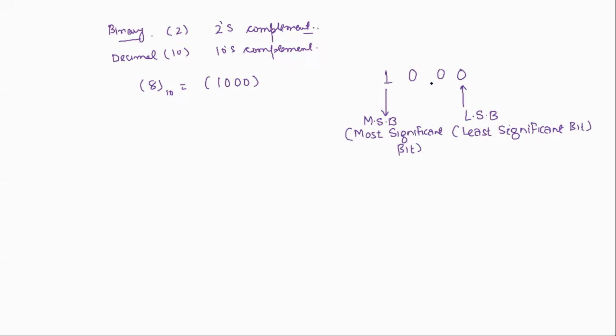Let's discuss the other kind of complement, called r minus 1's complement, where r is any base. Suppose you are talking about binary, then r is 2, so it becomes 1's complement. And if it is decimal, it becomes 9's complement.